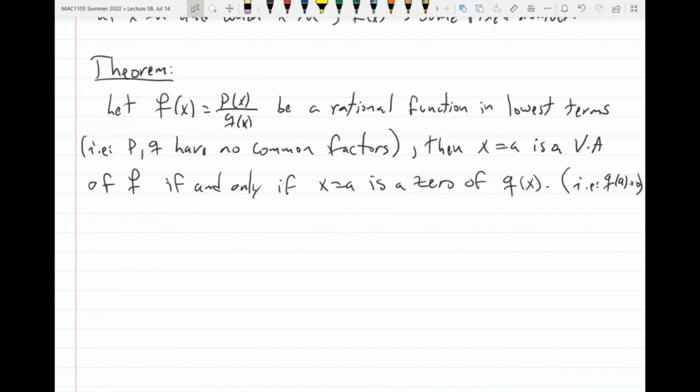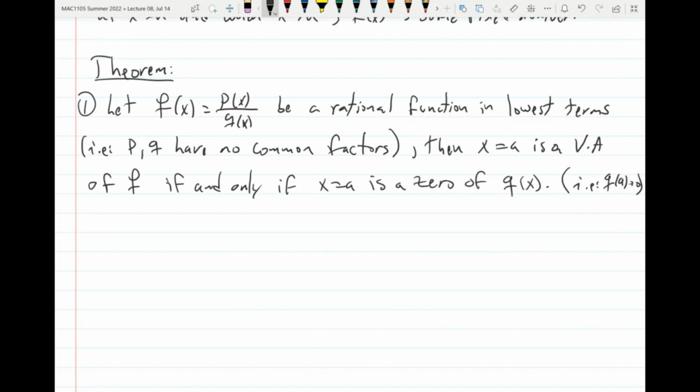And then, how do we identify holes? How do we know that we have a hole at x equal a? If a happens to be a 0 at the top as well, and then after simplifying, it's no longer a 0 in the bottom. Okay, so it disappears from the bottom.